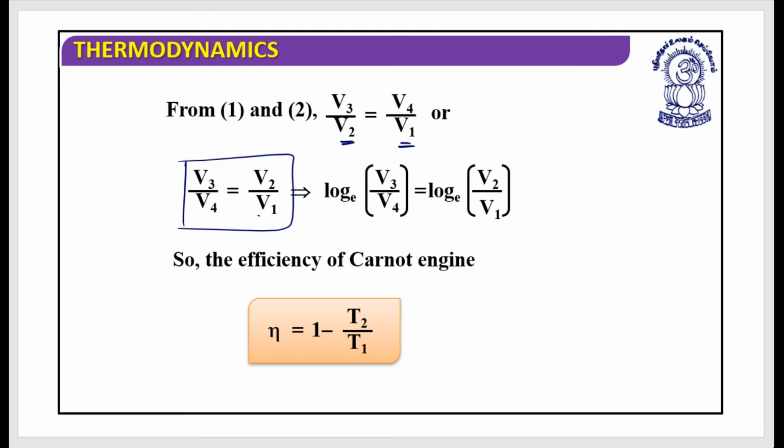If I take log on both sides, then log V3 by V4 to the base e would be equal to log V2 by V1 to the base e.